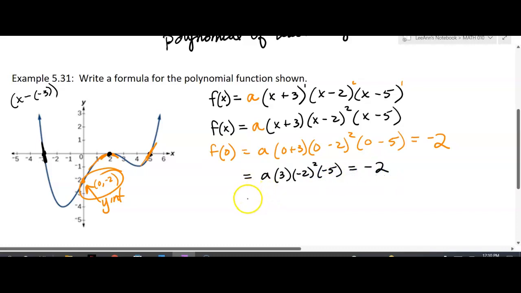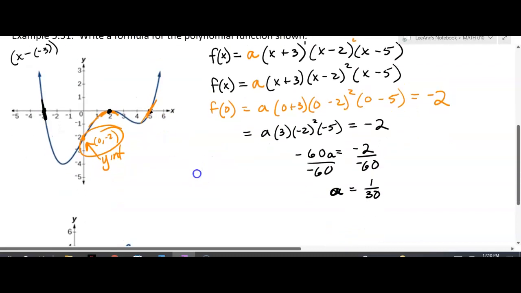So that's going to be, let's see, 4 times 5 is 20. We're going to say that's negative 60. Whoops, a equals negative 2, and divide by negative 60. So we get a equals 1 over 30. Now we know the stretch factor, at least for this function.